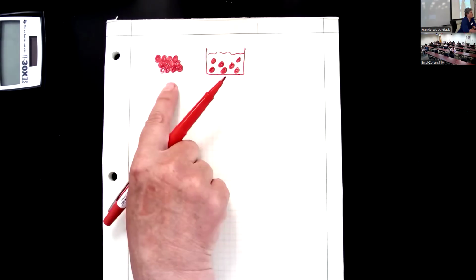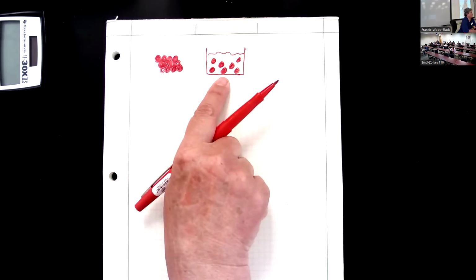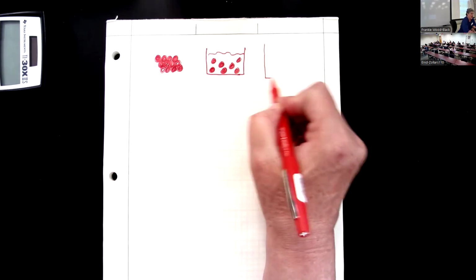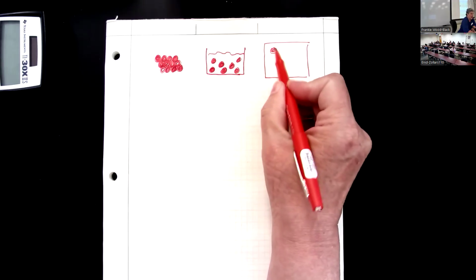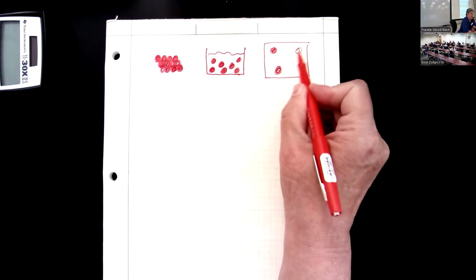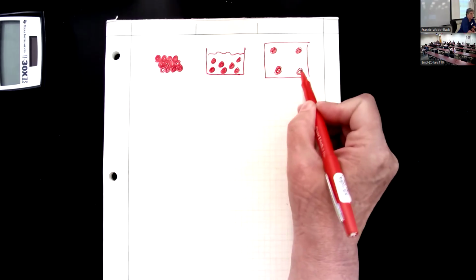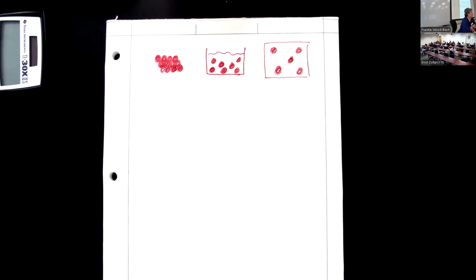The solid form of water is ice. The liquid form of water is water. And the gaseous form of water is steam. And our gaseous form is going to be very, very spread out and expanded, but you will not have a defined interface. So we can represent our solids, liquids, and gases.